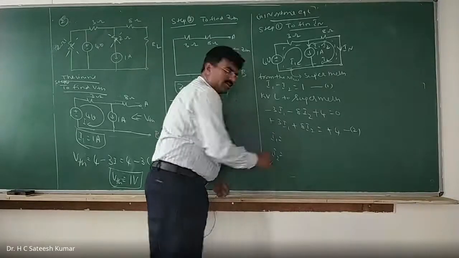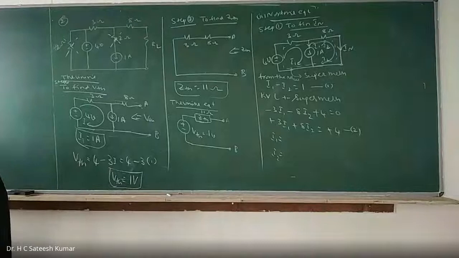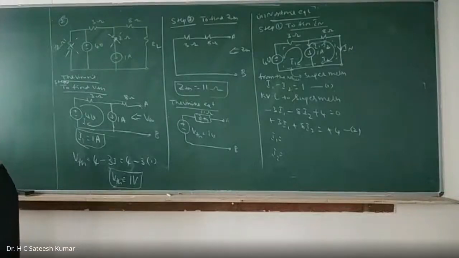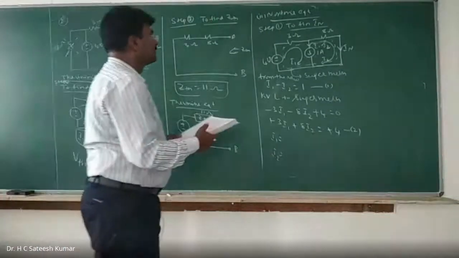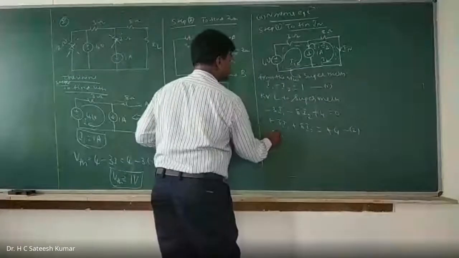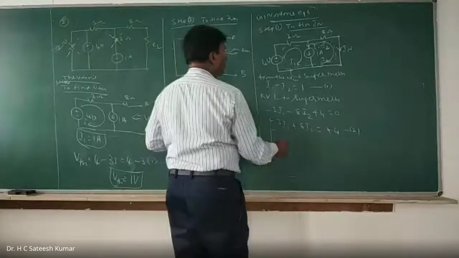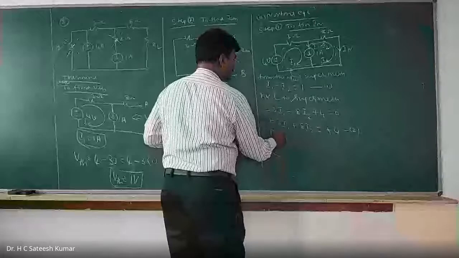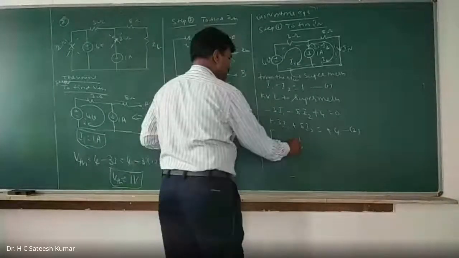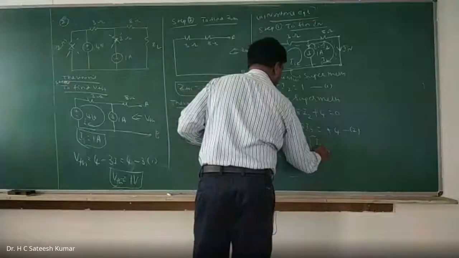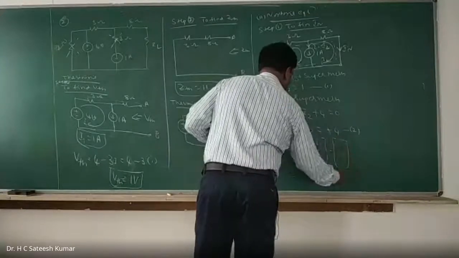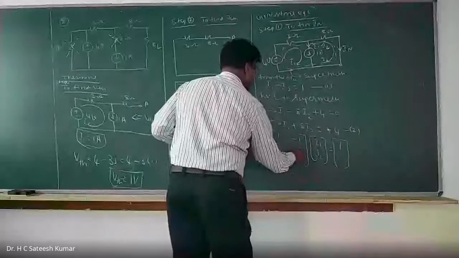Tell me the values of I1 and I2. If you want, we can do it with a matrix. I1 minus I2 is equal to 1 amp. The matrix is 1, minus 1; 3, 8 times I1, I2, equal to 1, 4.